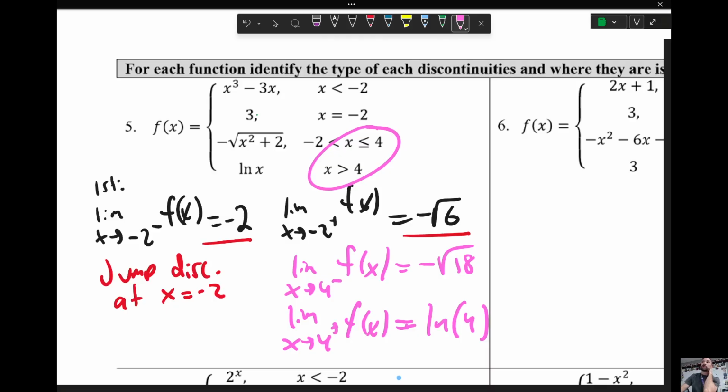No. So we know it's not continuous, it's discontinuous at x equals 4. And what type of discontinuity would it be? Jump. It's a jump. If the y values are different, it can't jump at an instant. So jump discontinuity at x equals 4. So I would think it would list both of those.